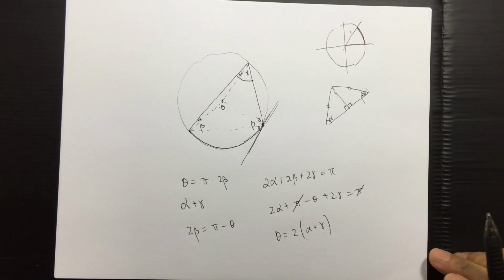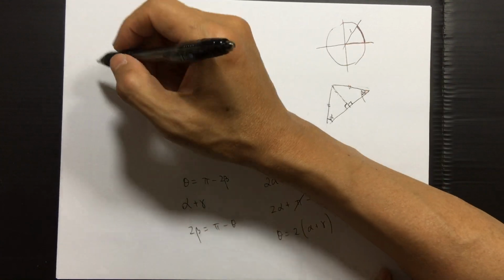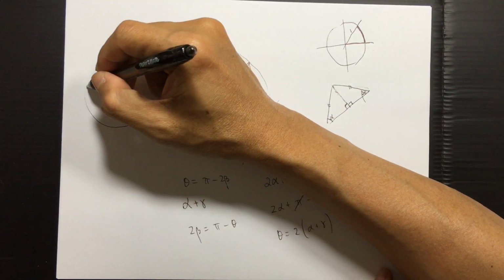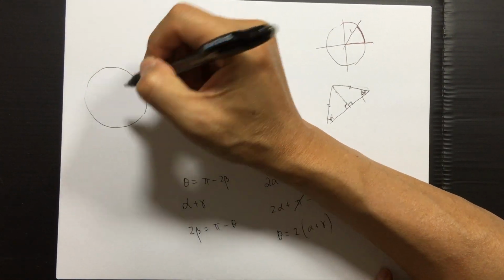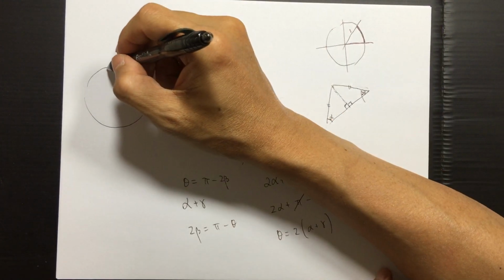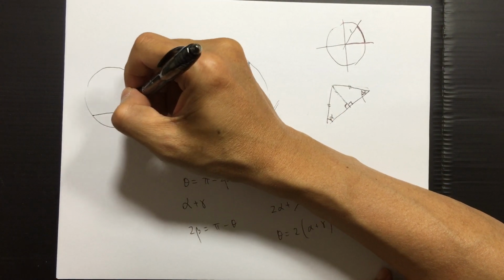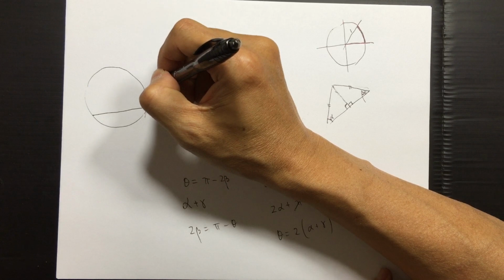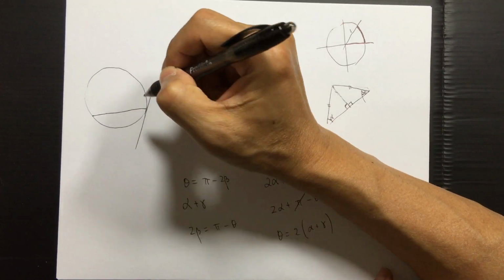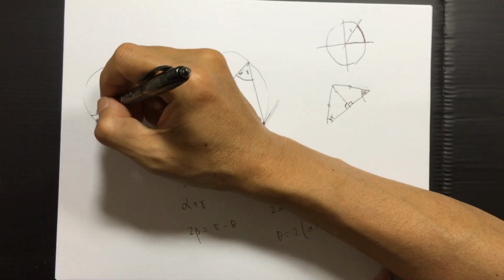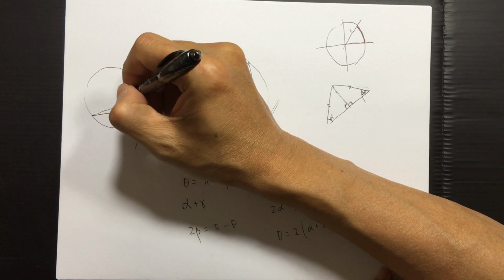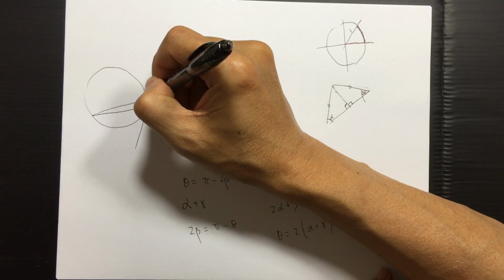We're doing this to prepare you for calculus. Let's say you have a circle, and then you have this arc, and you have a tangent line going through this. You imagine there's an angle like this.